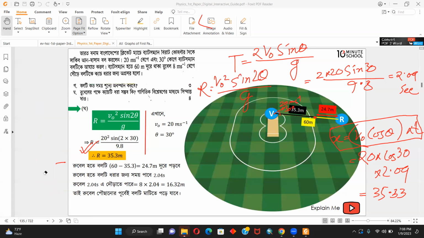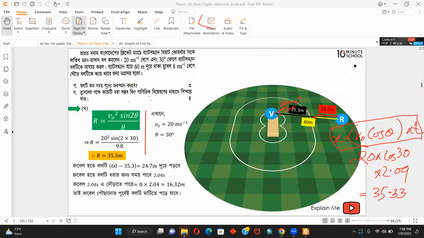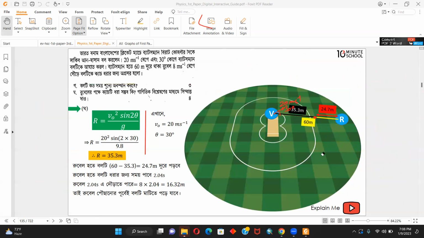That means Virat Kohli's ball will touch the ground after 35.3 meters. Is that correct? Yes. So now how much does this fielder have to travel? Say this fielder is David Warner. How much does David Warner need to travel?